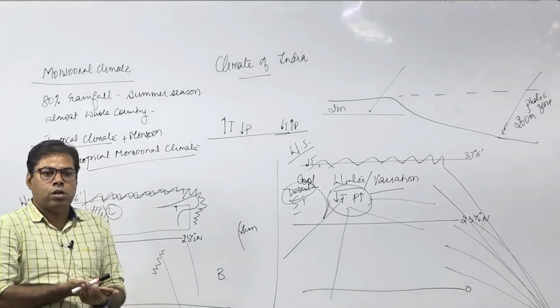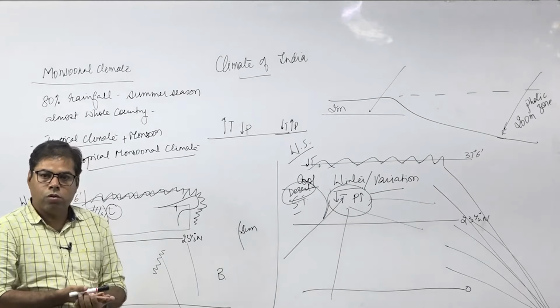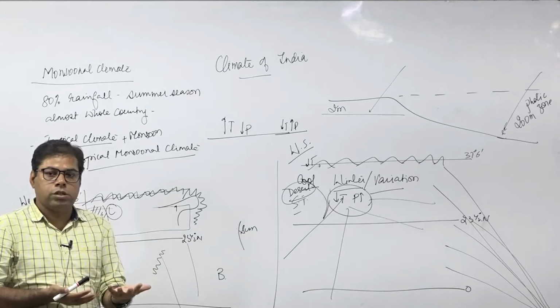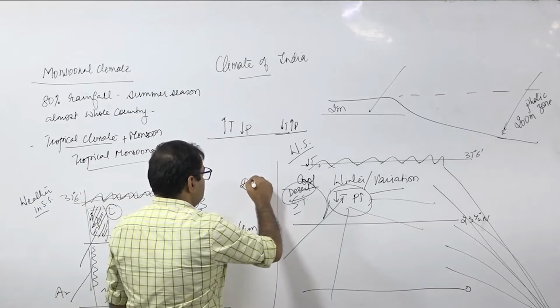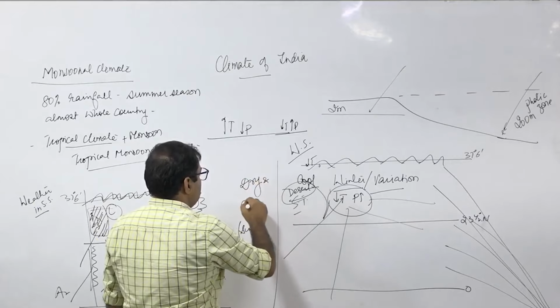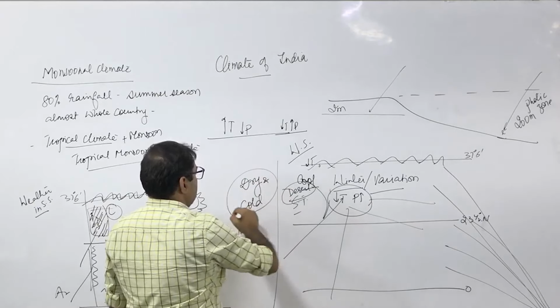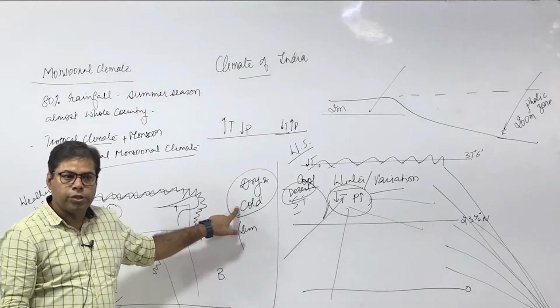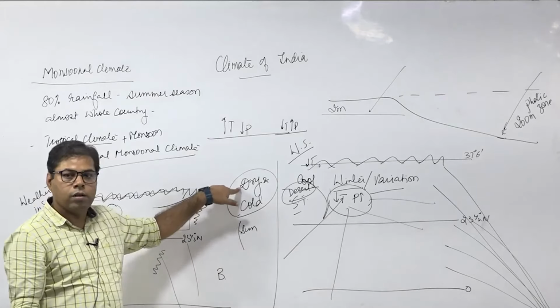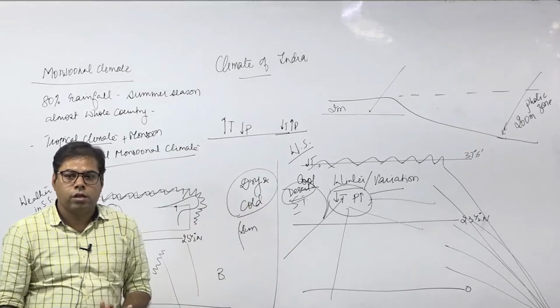Yes or no? No. Then what will happen in this condition? This will be absolutely dry and cold. Why cold? Because of temperature. Why dry? No moisture in the air.